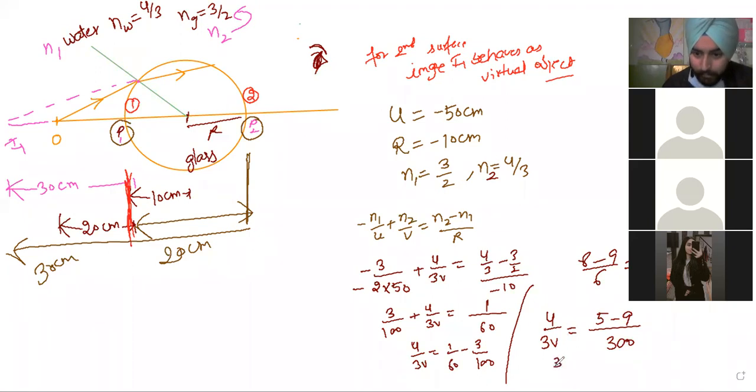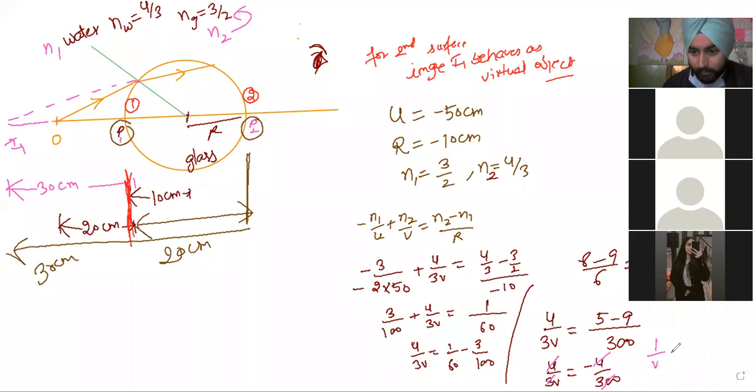So this comes to be 4 by 3v, that is minus 4 by 300. This 4 will cancel out, this 4 got cancelled from here, this 3 got cancelled from here. So what will be the value of v?